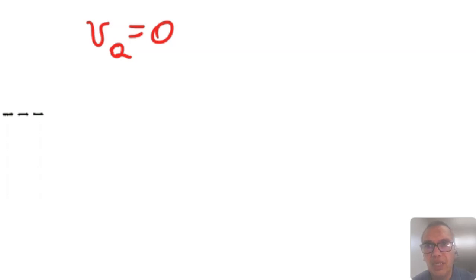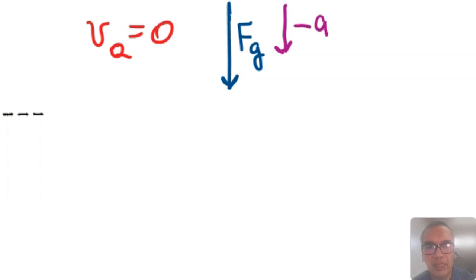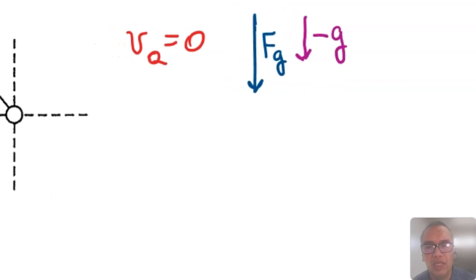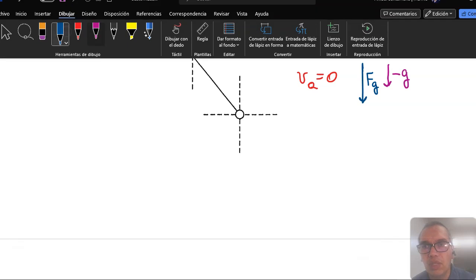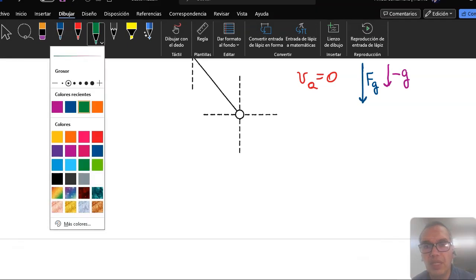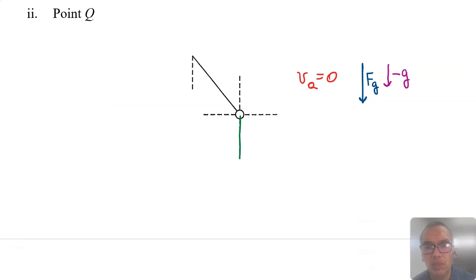And if the string breaks, then you can say something very uncontroversial, and is that the only force acting is the gravitational force, and therefore the acceleration of this ball is exactly downward and it starts from rest. So your motion has to be free fall motion.